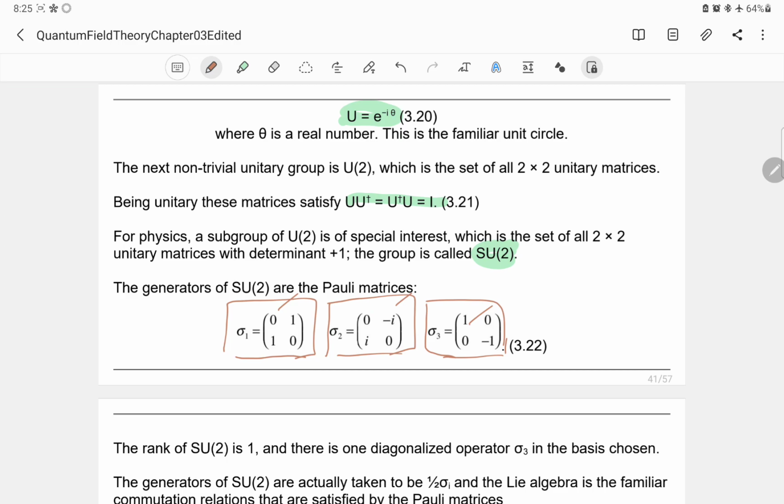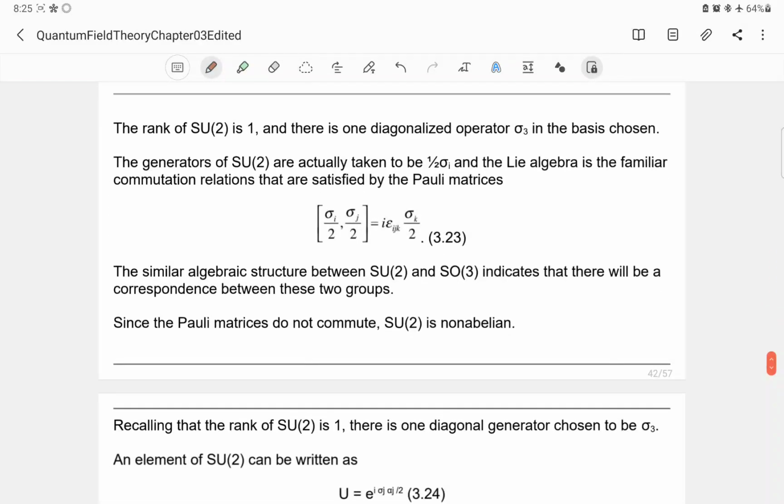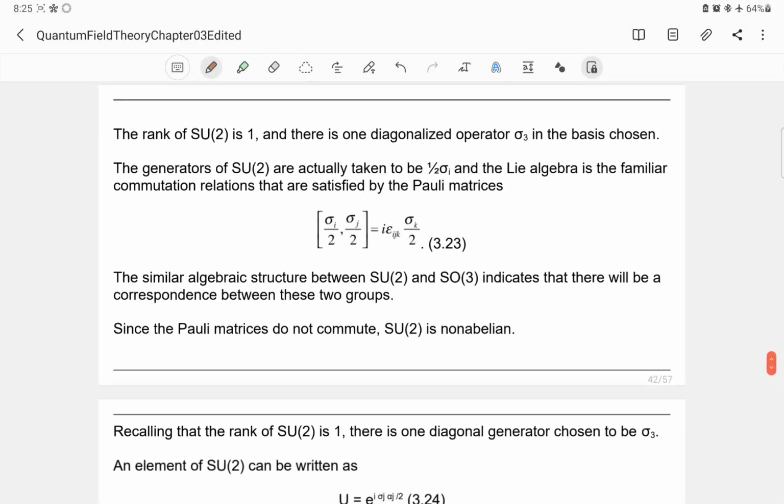They're all Hermitian. So as we have said earlier, the rank of SU2 is 1, so there must be one diagonalized operator, as you have seen, sigma 3 in the basis that we've chosen.